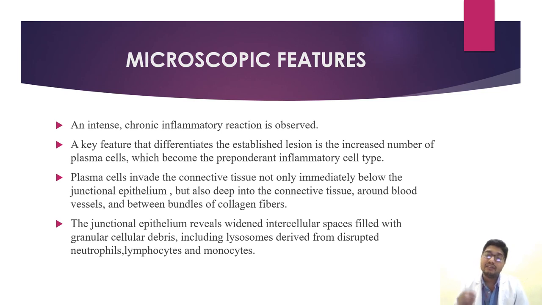The plasma cells invade the connective tissue not only immediately below the junctional epithelium but also deep into the connective tissue around blood vessels and between bundles of collagen fibers. The junctional epithelium reveals widened intracellular spaces filled with granular cellular debris including lysosomes derived from disrupted neutrophils, lymphocytes and monocytes.